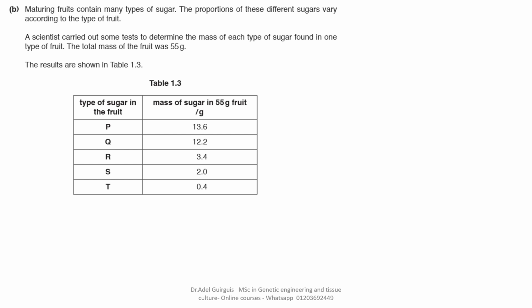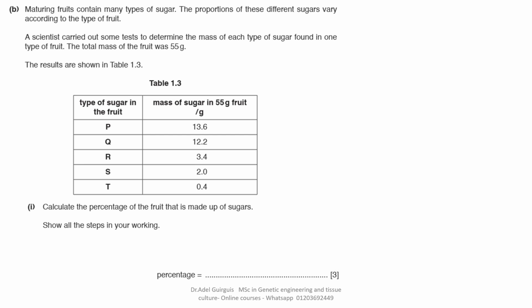For P, 13.6 grams, found in 50 grams of fruit. For Q, 12.2 grams. So, the question now: calculate the percentage of the fruit that is made up of sugars. Show all your steps. Show all the steps in your working. Percentage with 3 marks.